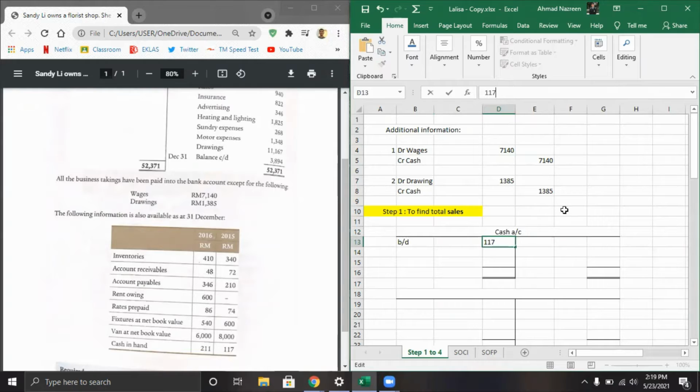And the wages will be debited, the amount is 7140, credited. And then drawing also, 1385.